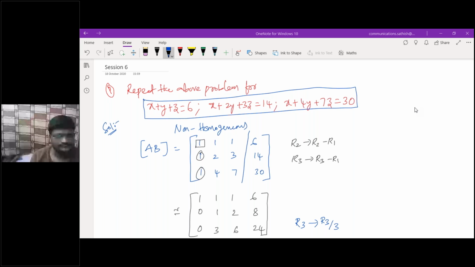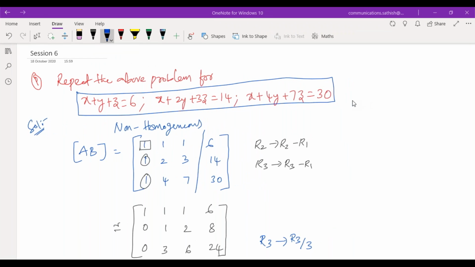The values of x, y, z which satisfy the following conditions are: x plus y plus z is equal to 6, x plus 2y plus 3z is equal to 14, and x plus 4y plus 9z is equal to 30.